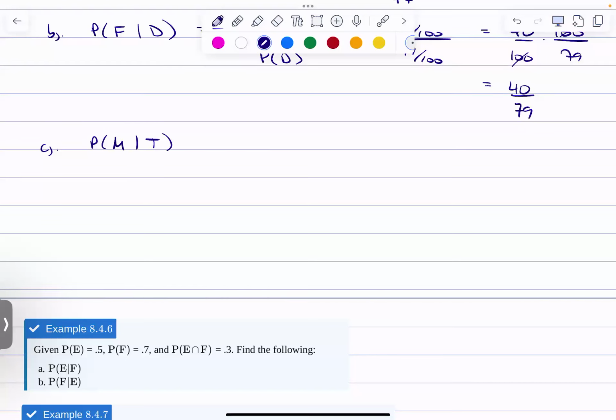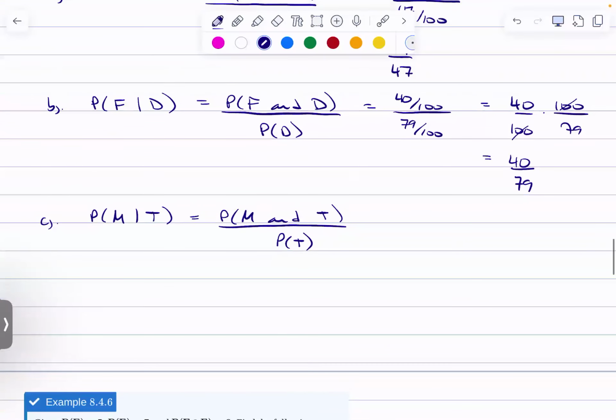probability of male given T is the probability of male and T divided by the probability of T. I got sloppy. I stopped using the intersection and started writing "and." That's okay, as long as you are okay with reading both.